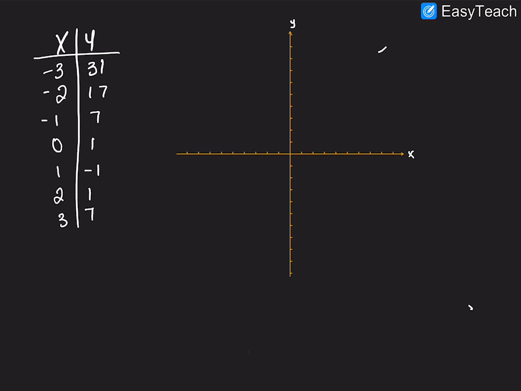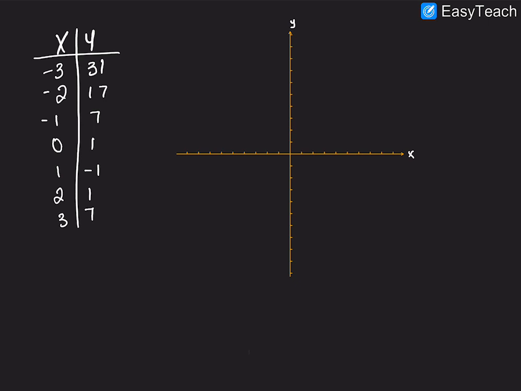So we have -3 and 31. That is the first one that we have, and that is such a huge number. Personally, I would just leave that one out and do the numbers that are physically on my graph.